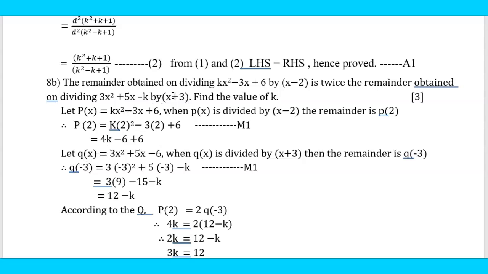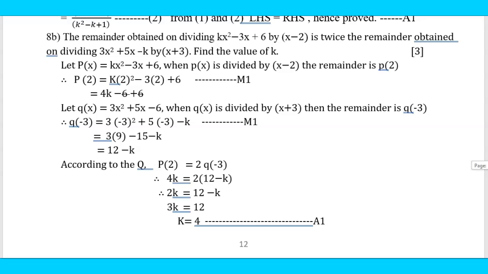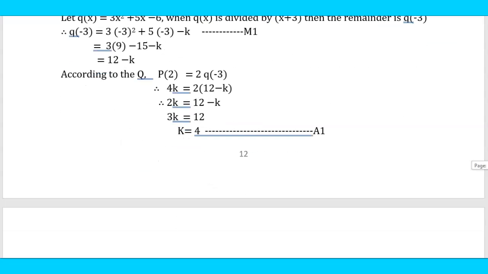If you divide by x plus 3, you have to substitute at q of minus 3, and you get this value, and you will get 1 mark. There is a condition given: the remainder obtained in the first case is 2 times the remainder obtained in the second case. So if you equate that, we will get the answer k is equal to 4, and you will get 1 mark.